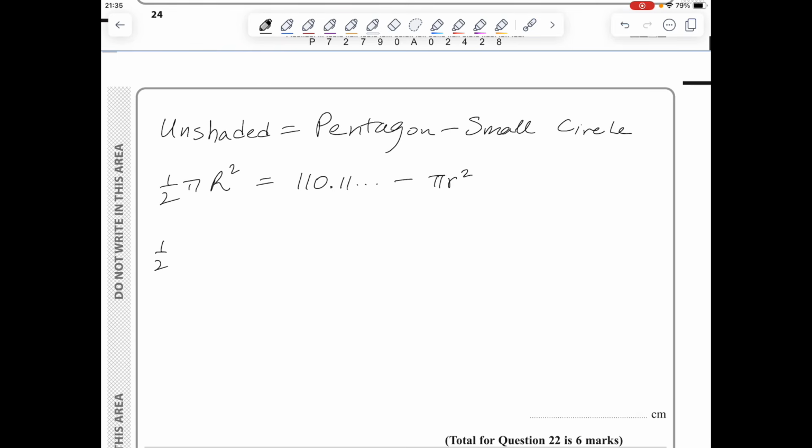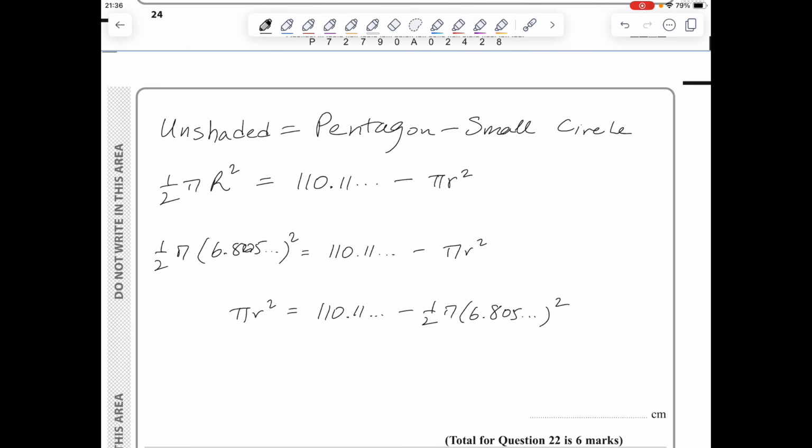So 1 over 2 pi times 6.805 and so on squared equals 110.11 minus pi r squared. Rearrange to get pi r squared equals 110.11 minus a half pi 6.805 squared.